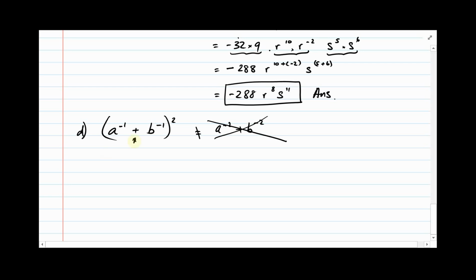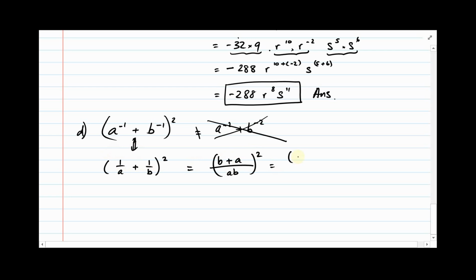All right, what could we do? Using our order of operations, we work inside brackets first. This is the same as 1 over a plus 1 over b, all squared. If you wish, you can form the common denominator ab, and this is b plus a, all squared.